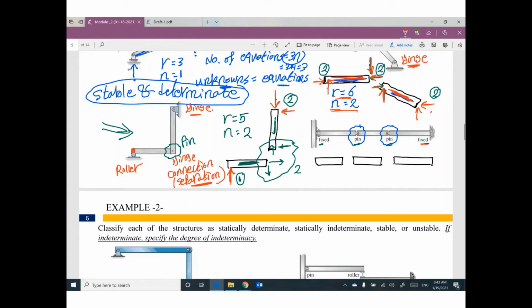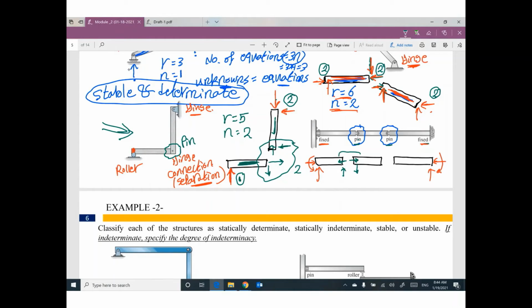You have fixed supports, we have 3. This fixed support, we have 3. This pin connection, we have 2. One vertical and one horizontal will be the same here, but in opposite direction.